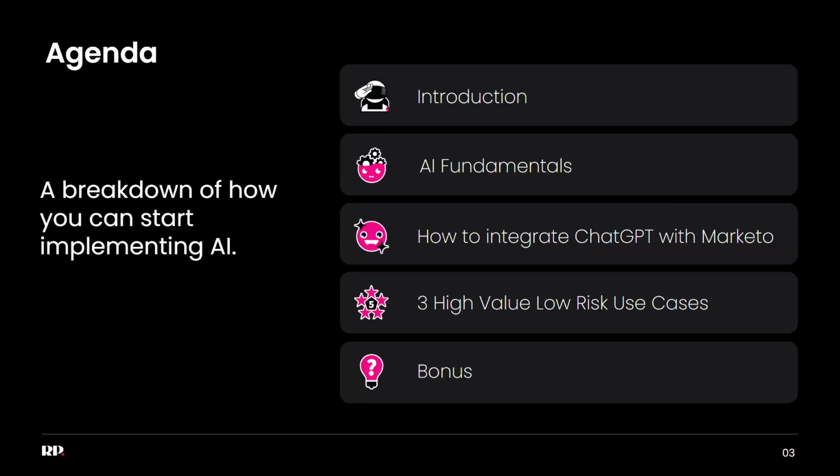So we want to make sure that we're covering everything from the basics to beyond as a baseline for what we're going to be looking at today. We'll be talking about how to integrate ChatGPT with Marketo, since that is going to be a prerequisite for just about every use case that we have here. And then we'll dive into our use cases. And then we have a little bit of a bonus for you because we always like to do a little extra here at RP.